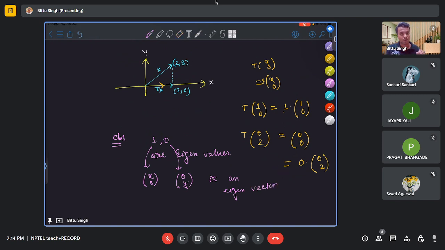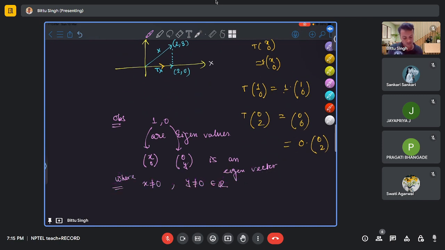Note that an eigenvector is always non-zero. You should remember this. Here x is any non-zero real number, and y is any non-zero real number. So those are the eigenvalues and eigenvectors corresponding to this transformation.